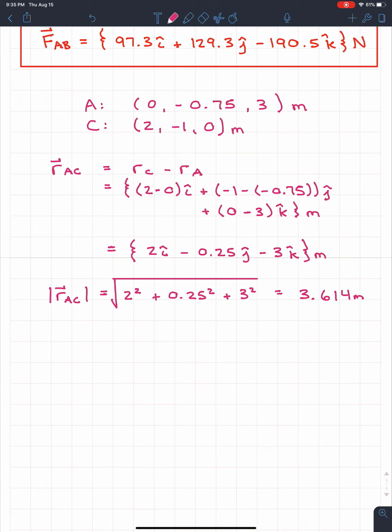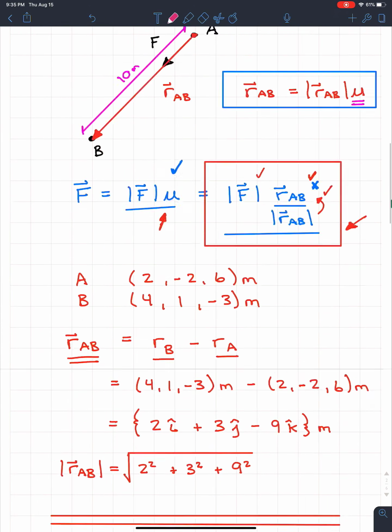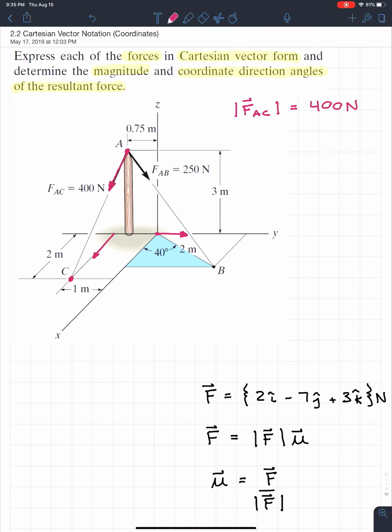So that's nice enough. And just again to remember, guys, the magnitude is always just a single number. It's 3.614 meters. And if you remember what that is, it's the exact length from point A to point C if we were to follow this line, the shortest possible length. That's the 3.614 meters.